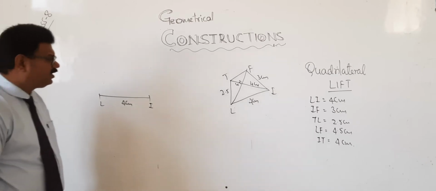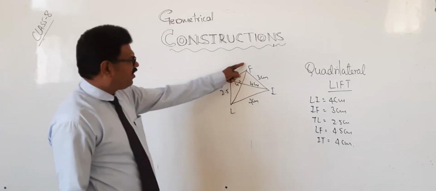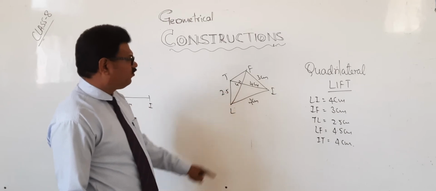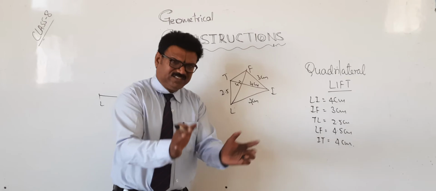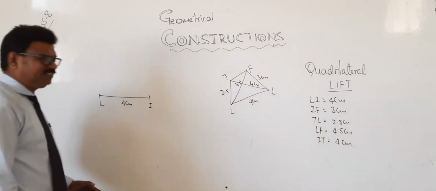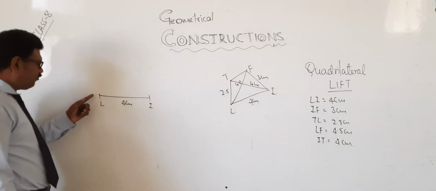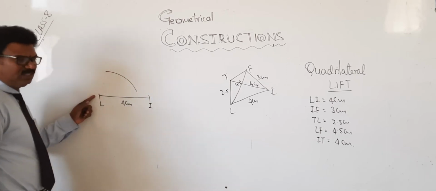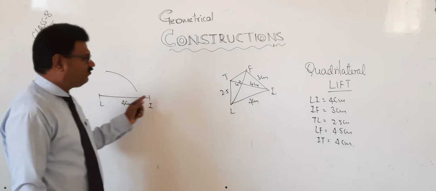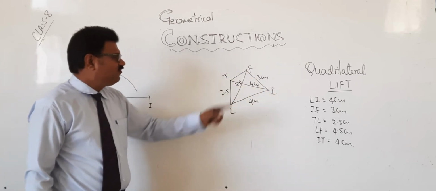Next, now LF, how much is there? 4.5. Take your compass, take 4.5 centimeters as radius, keep one end on L and draw like this.